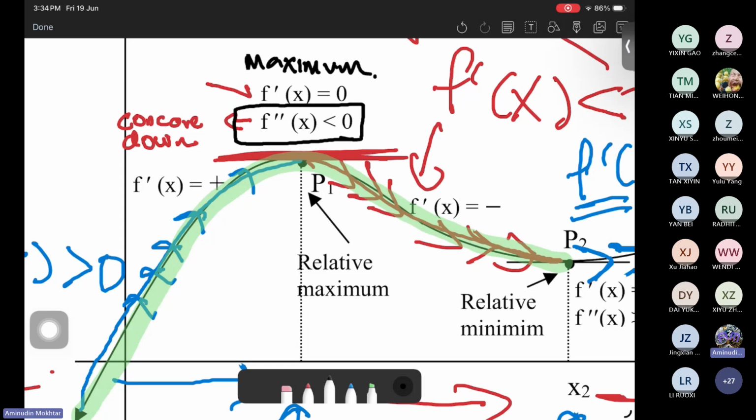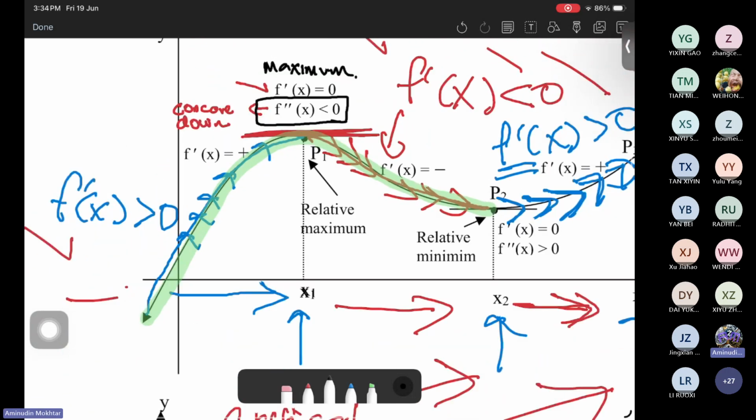I hope you must remember this concept. At the critical point x1, the first derivative is 0 and the second derivative is negative. We can conclude that the critical point is the maximum point, a maximum relative point. We just want to know whether there is a minimum or maximum, relative compared to other values.